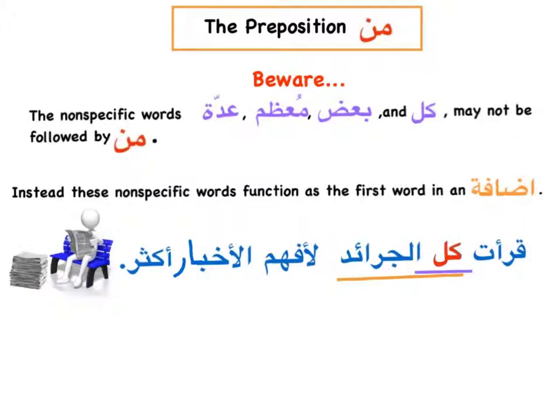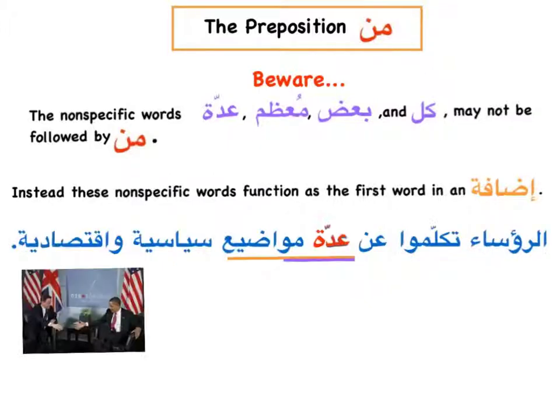قرأت كل الجرائد لأفهم الأخبار أكثر. كل الجرائد, again we have كل, the non-specific word, all the newspapers. كل here is the first word of an إضافة as well, just like معظم and بعض. وأخيرا الرؤساء تكلموا عن عدة مواضيع سياسية واقتصادية.